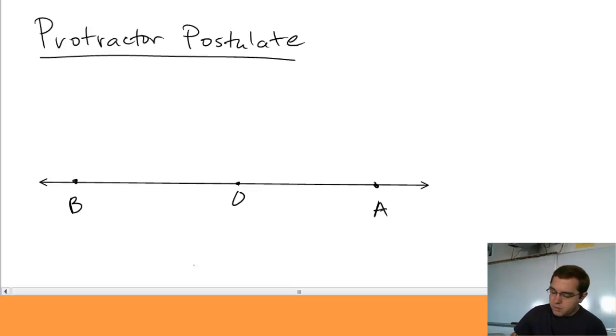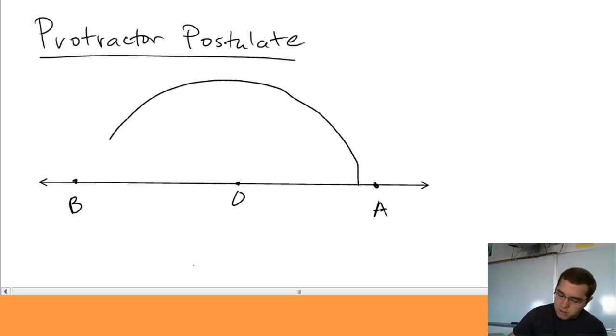And then we can consider ray OA and ray OB, and all the rays that can be drawn from O on one side of line AB, or any of the rays that can be drawn in this arc here. These rays can be paired with real numbers between 0 and 180, in such a way that OA can be paired with 0 degrees and OB with 180 degrees.